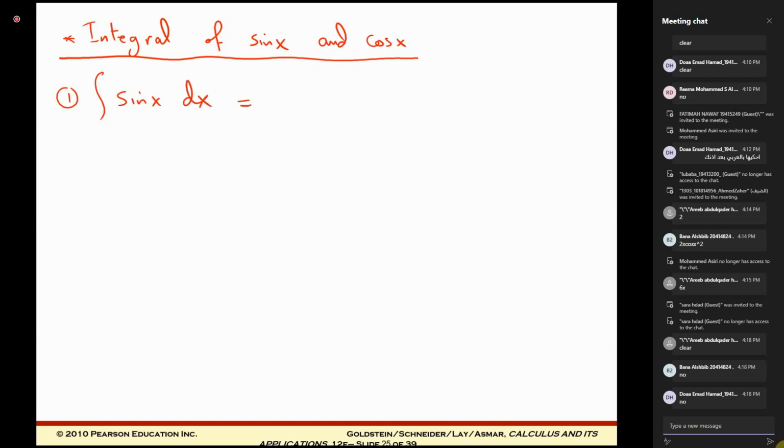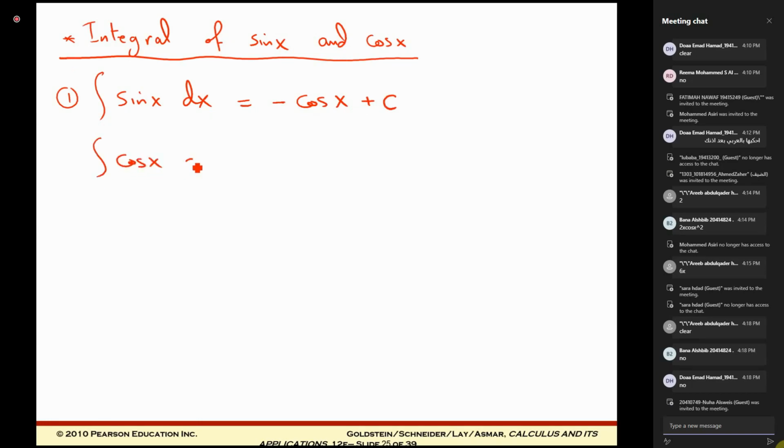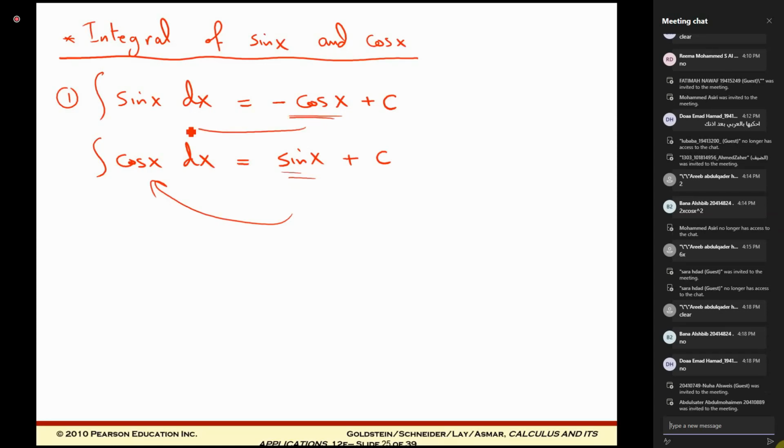This equals what? This equals minus cosine x plus c. This is the integral of the sine. And integral of the cosine equals sine plus c, because the derivative of the sine equals cosine. The derivative of the cosine is negative sine, with negative, so positive sine.